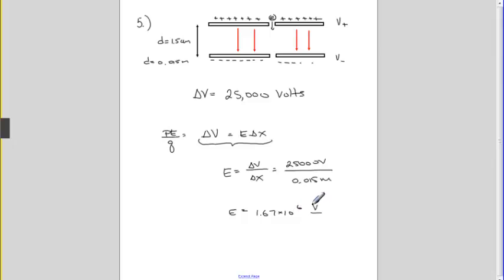And that's volts per meter. And I think it's also newtons per coulomb. That's the typical way of measuring electric field, newtons per coulomb, force per unit charge. So they're exactly the same. Okay, so that's it. That was pretty easy, huh?